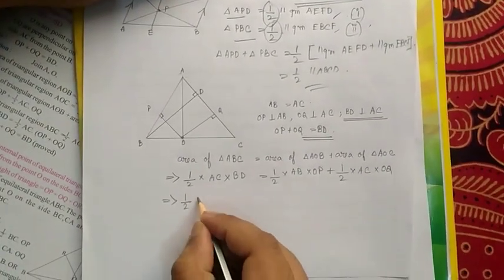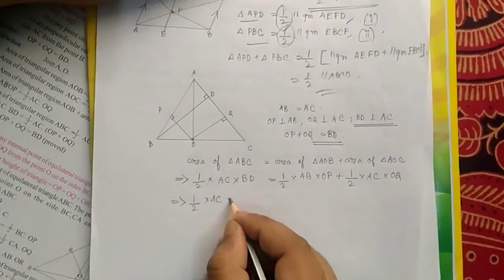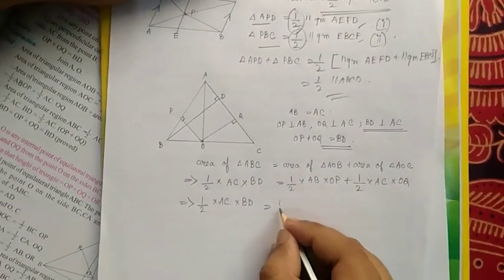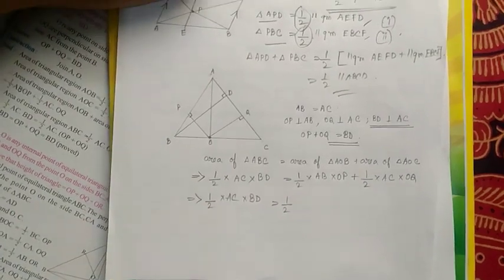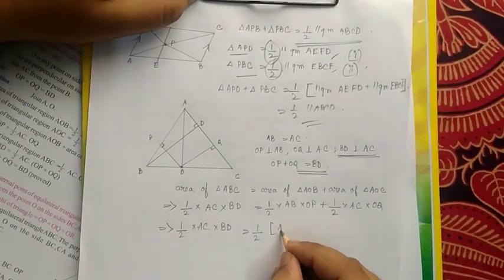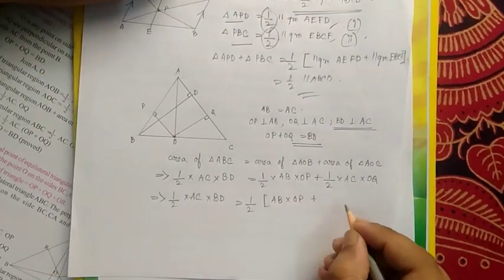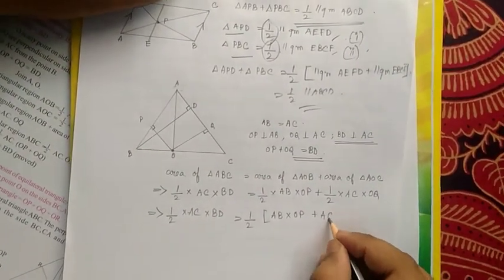So half into AC into BD equals half into AB into OP plus AC into OQ.